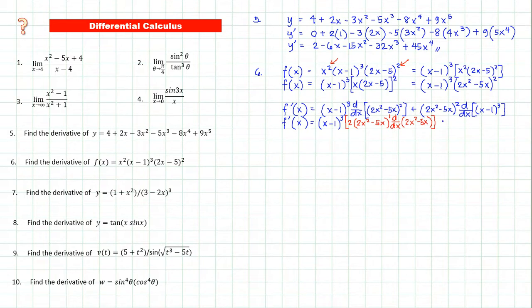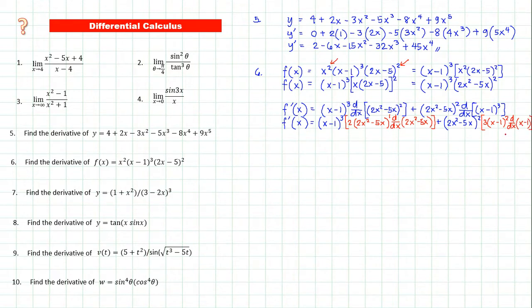Plus (2x squared minus 5x) quantity squared times ano ang derivative ng naka-cube? Ganun din. So, 3 times (x minus 1), babawasan yung power, times the derivative with respect to x nung nasa loob, x minus 1.